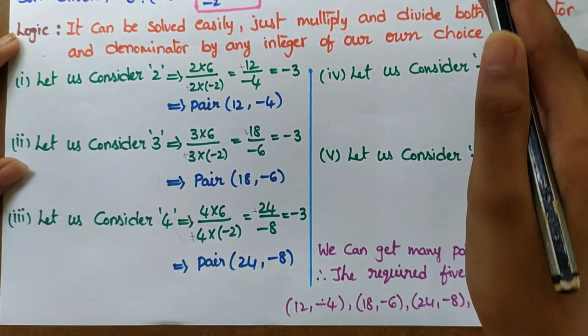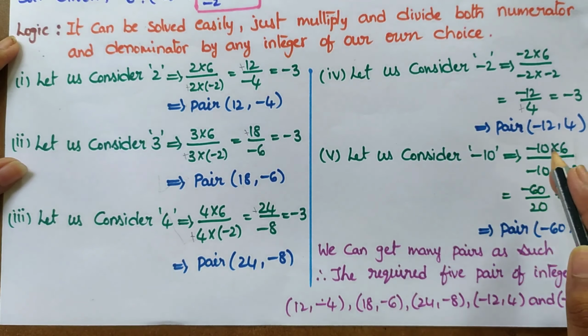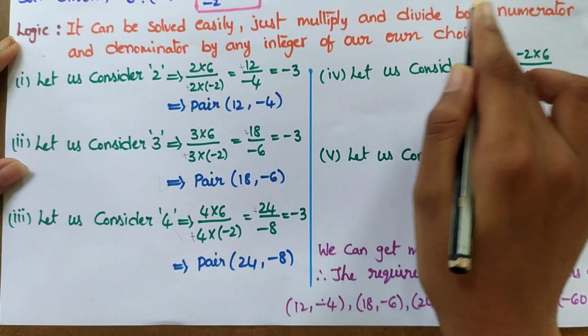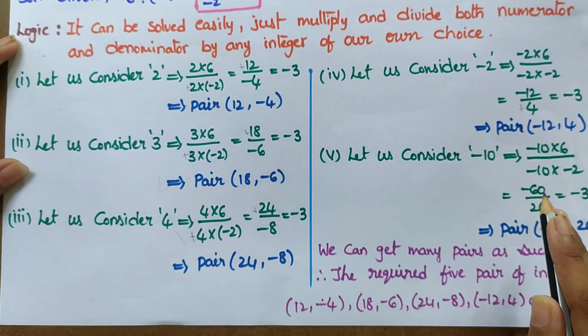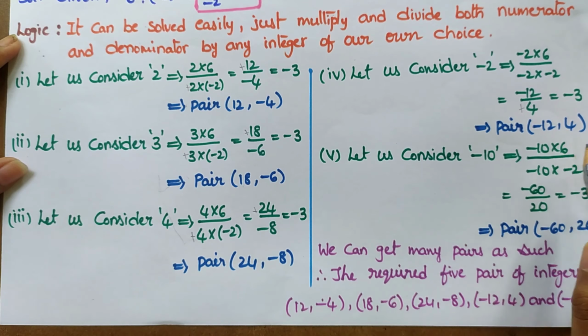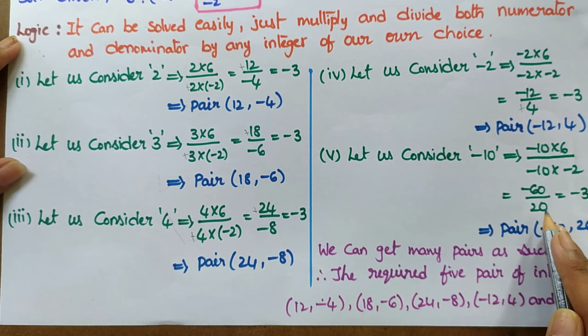Okay friends, now let us consider another integer. It may be minus 10. So minus 10 into 6 by minus 10 into minus 2. So as you know, we should multiply and divide both numerator and denominator with the integer that we choose. So minus 10 into 6 by minus 10 into minus 2. Now minus 10 into 6 is minus 60 by minus 10 into minus 2 is 20.